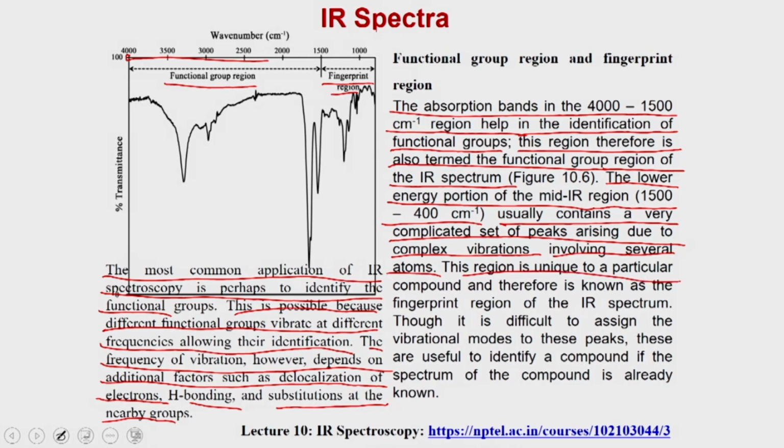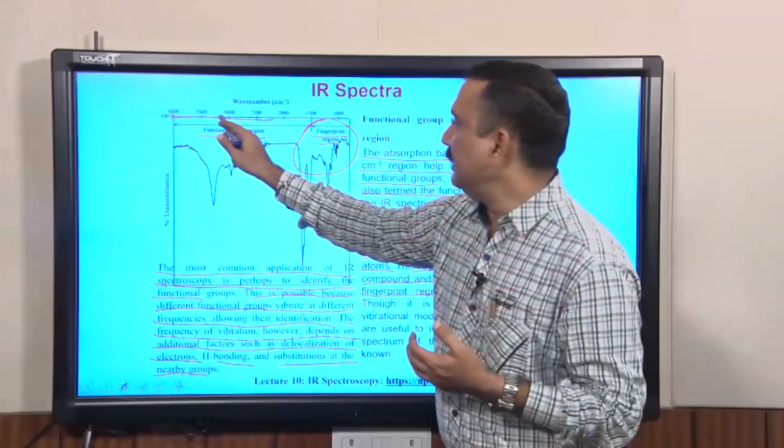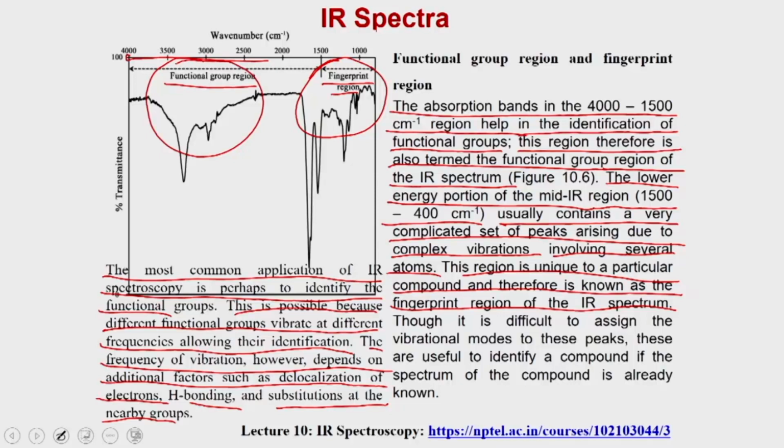This region is unique to a particular compound and therefore it is known as the fingerprint region of the IR spectra, which means this is the region where you have multiple peaks corresponding to a particular compound, and as a result these peaks tell you the compound, whereas the other peaks give you the presence of a functional group.